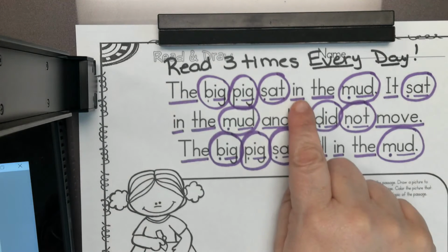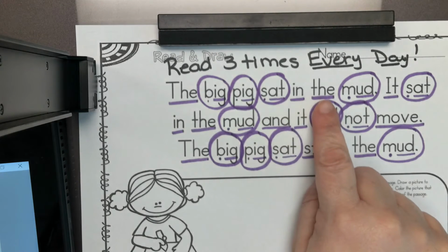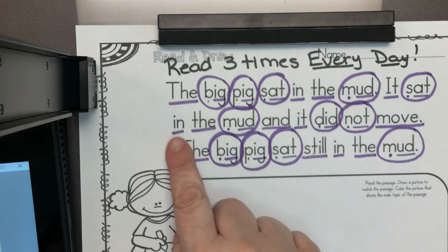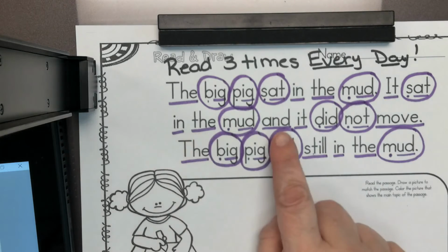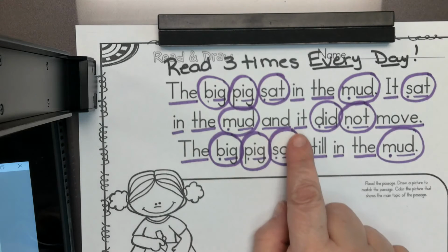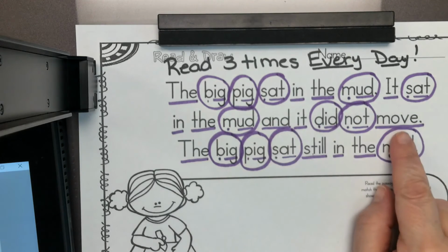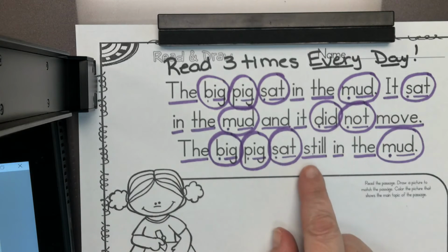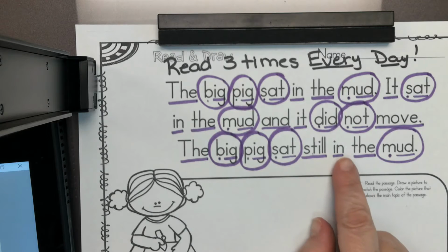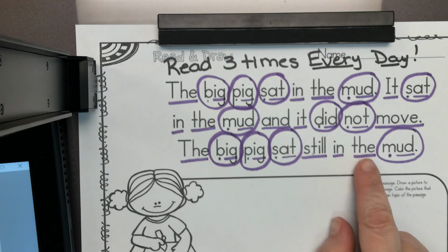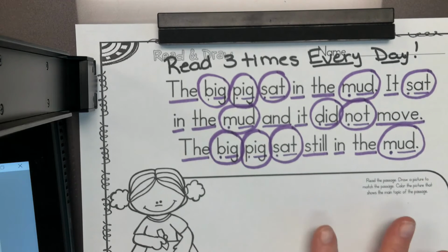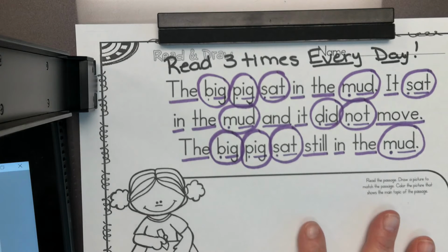The, in, the, it, in, the, and, it, move, the, still, in, the. Now that we have analyzed our story, we have practiced our sight words, we have found our phonetic words.